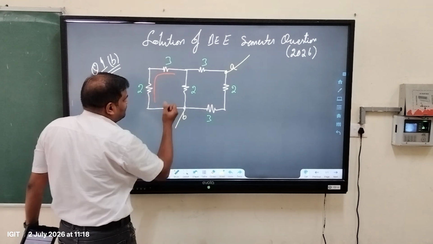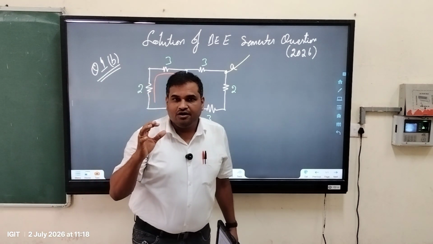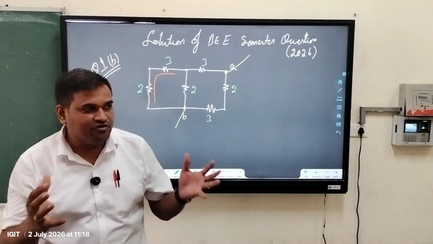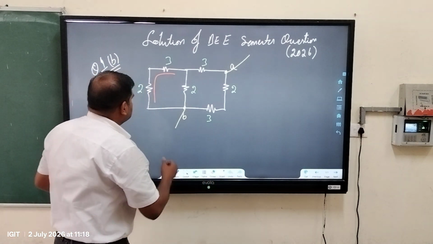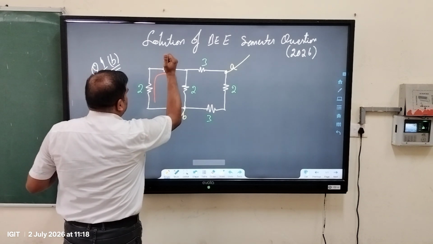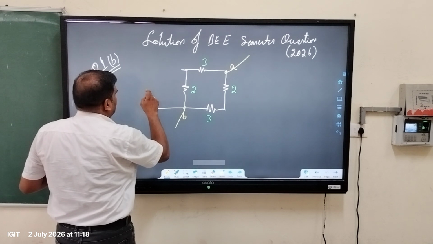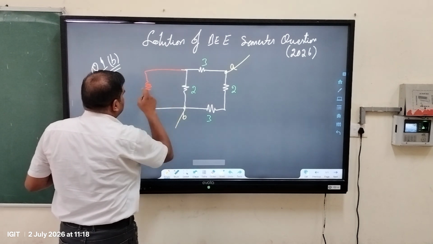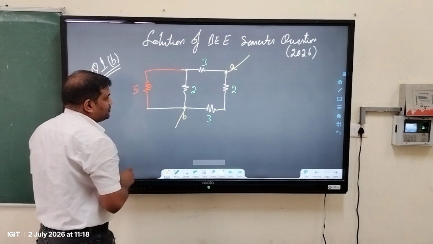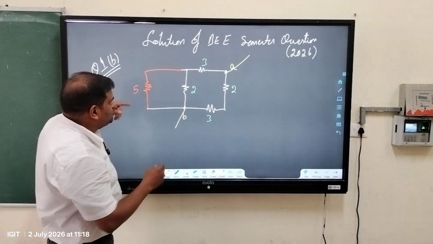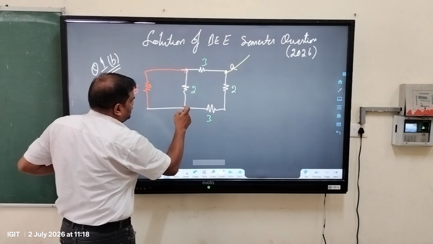What I will do is, we will take which ones are the series resistors, then we will try to combine them. So these two are series resistors, so better to remove these 2 and 3 and write down this resistor as 5, correct? Now this 5 and these 2 share the common node, right?